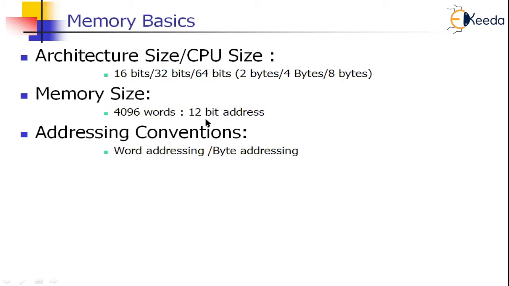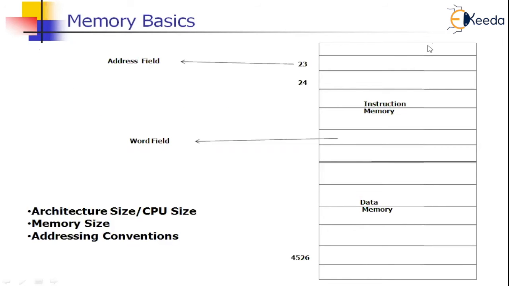One word in the main memory, in our architecture that is being designed, is 16 bits. That means we are designing a simple computer system, a simple CPU, in which we have taken an architecture size of 16 bits, and we have designed our memory with 4096 words. If it is a 16-bit architecture, every word in the main memory is equal to 16 bits.